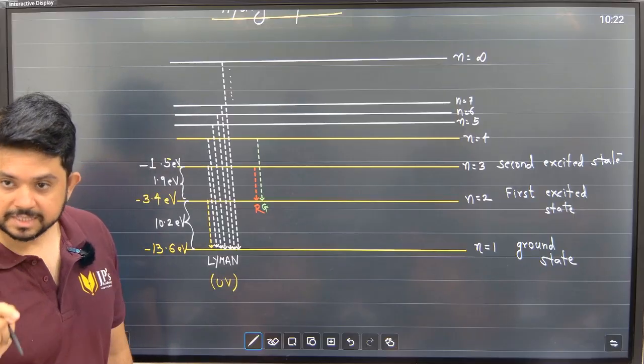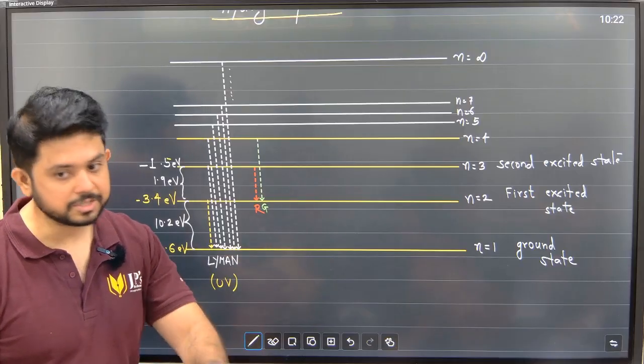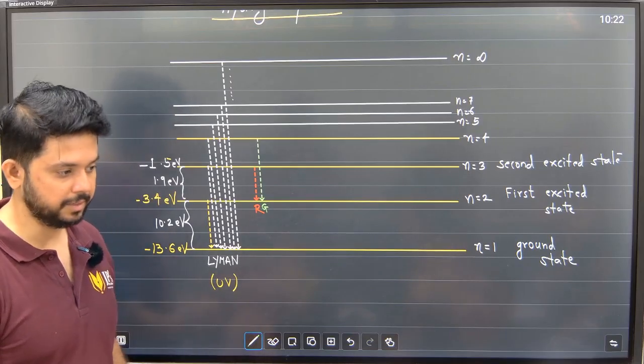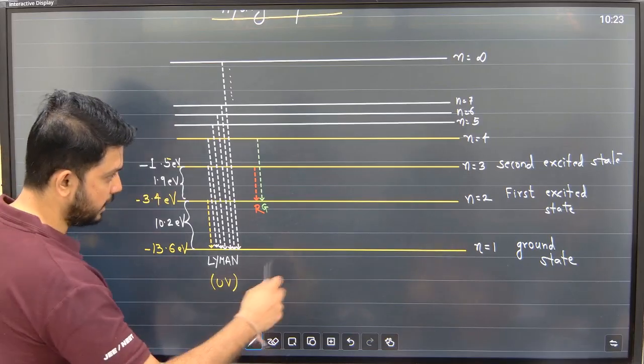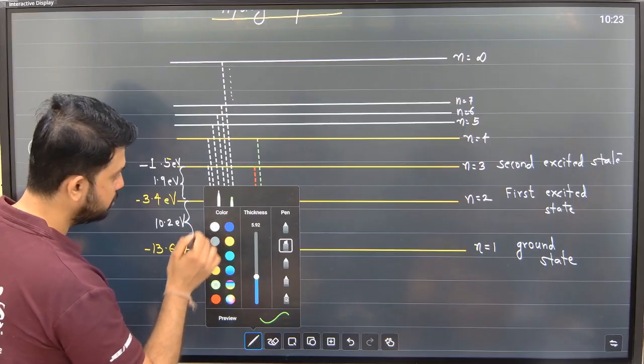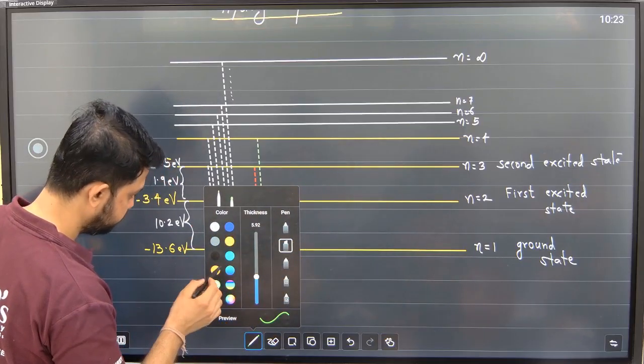I have to remember these colors because they can ask specific questions, like for green color, tell the transition, from where to where the electron transition happened so that you got green color. Okay? Next, the third transition from n is equal to 5 to n is equal to 2.